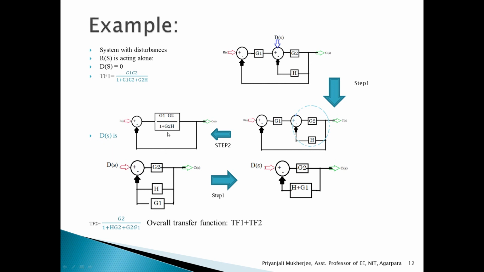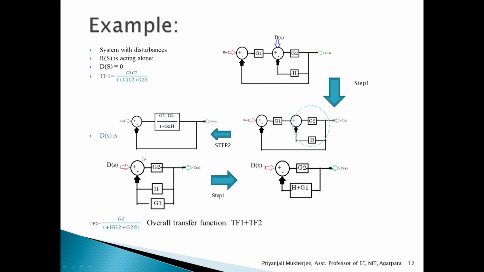Then the feedback is there. So for this one, Cs by Rs will be the forward path transfer function G1 G2 by 1 plus G2 into H, whole divided by 1 plus this. So the transfer function 1, which represents Rs acting alone, becomes G1 G2 by 1 plus G1 G2 plus G2 into H.